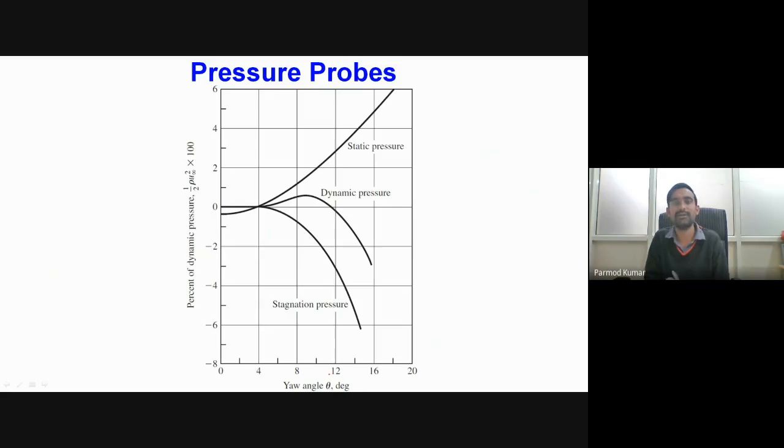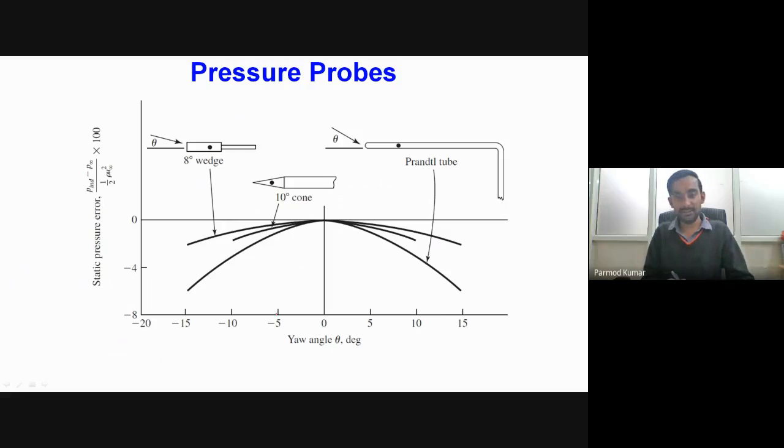For different yaw angles, you can see that as our yaw angle increases, the errors in our static pressure will be increasing, whereas in case of stagnation and dynamic pressure, for very small values of the yaw angle the errors introduced will be very small, and later on it will give us some underestimate in the dynamic pressure.